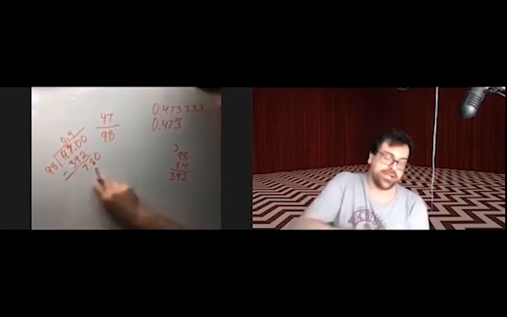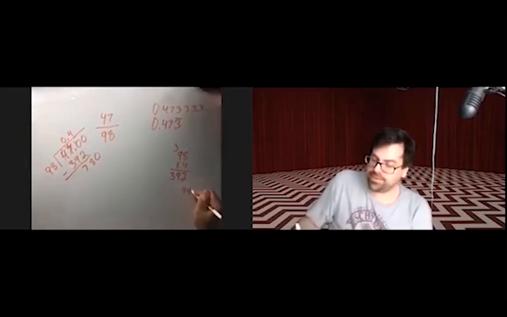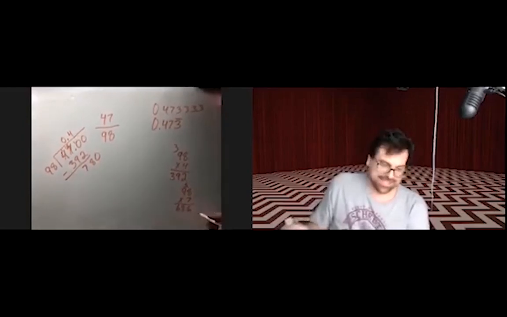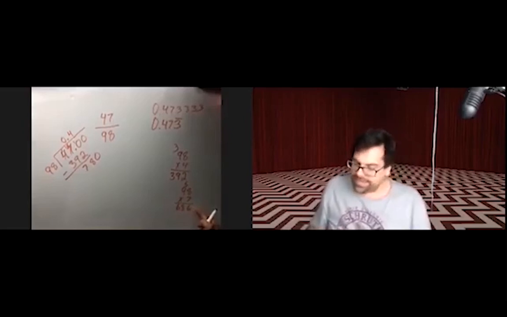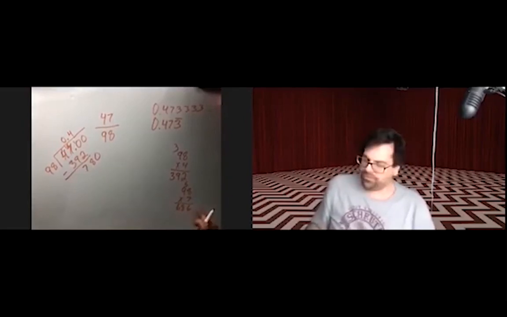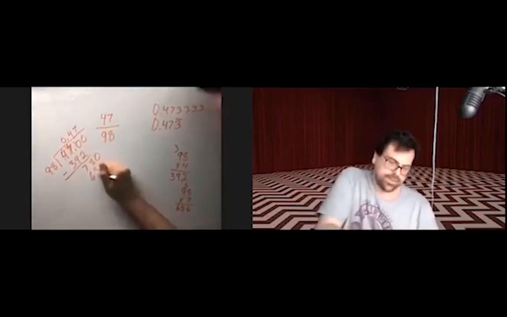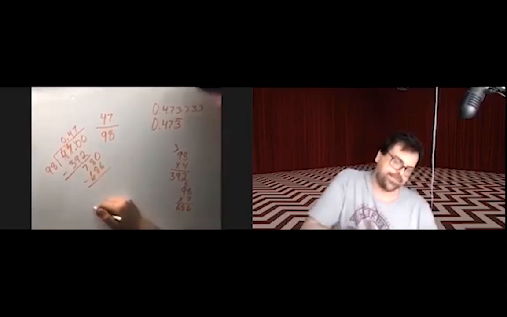That's about 100, so I'm going to guess 7. 98 times 7, 56, carry the 5, 63 plus 5 is 68, 686. Another 98 would be 100 minus 2, 84, that'd be too much. So it is going to be 7, 686.